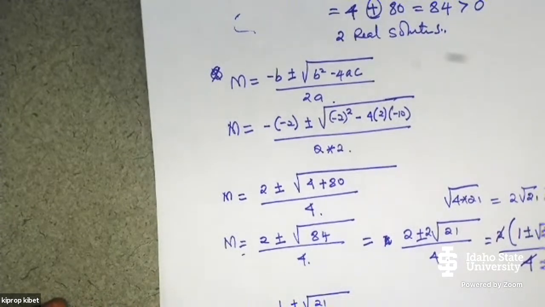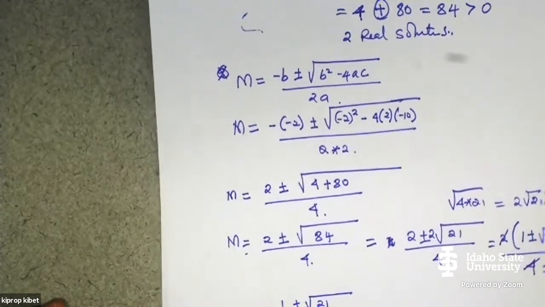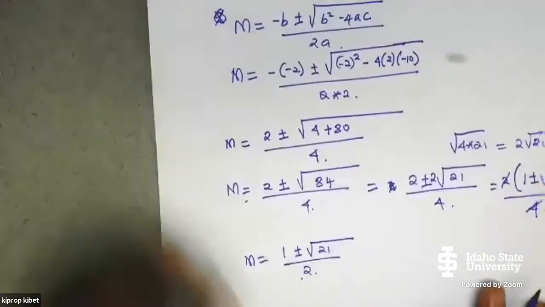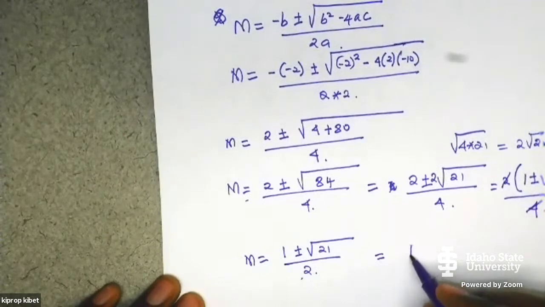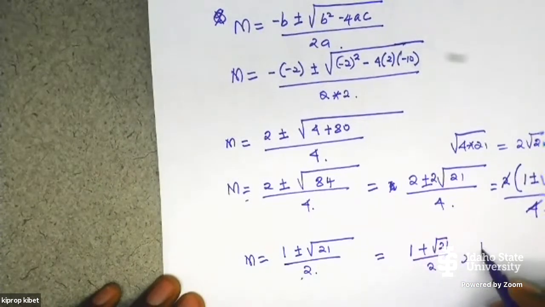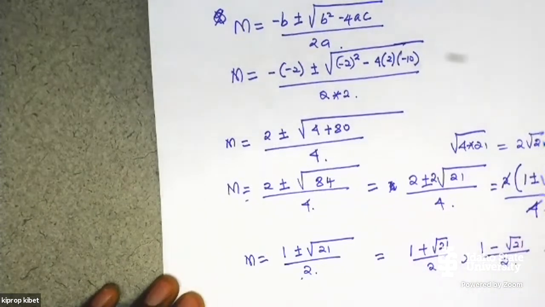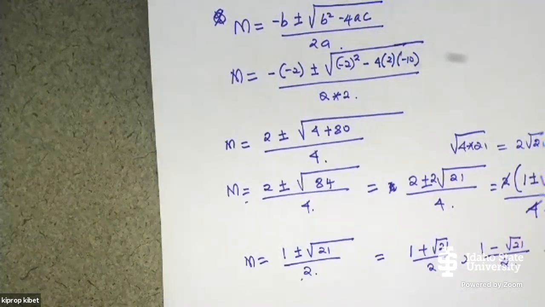In set notation, you can write this as m equals 1 plus the root of 21 all over 2, comma, 1 minus the root of 21 all over 2. So that is how you can solve everything using the quadratic formula.